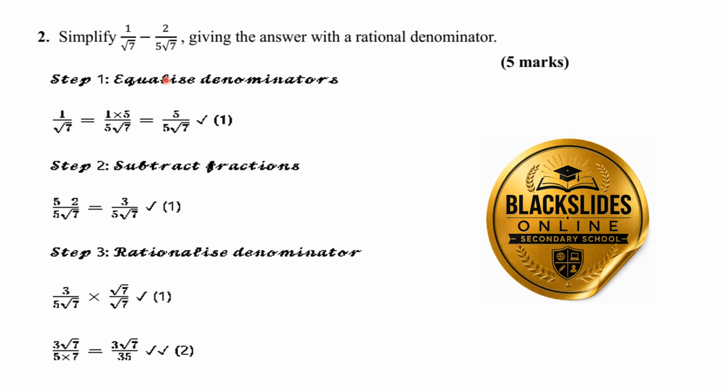So the first thing we need to do is to look at the denominators, to make the denominators the same, to equalize denominators. Here we have root 7, and over here we have 5 root 7.